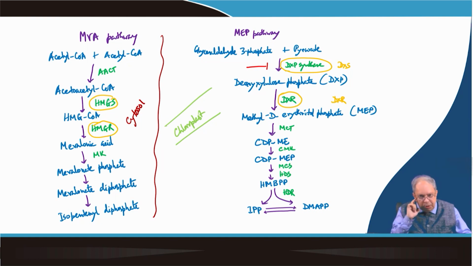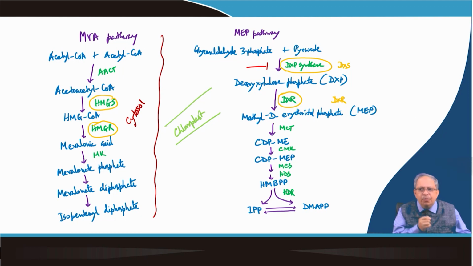Now, how was the MEP pathway discovered? Okay, the MEP pathway was discovered from the bacterial point of view, that is a different story, but from the plant point of view, when scientists were working on essential oil production in cell cultures, they were not convinced that it is the MVA pathway which is modulating the pathway. Feeding the precursors of the MVA pathway did not have any effect, even blocking the MVA pathway did not have much effect.